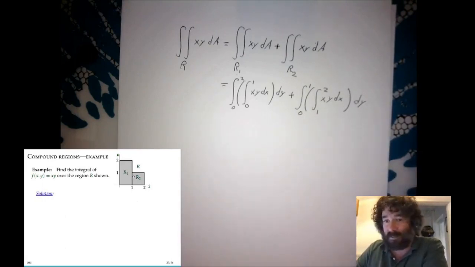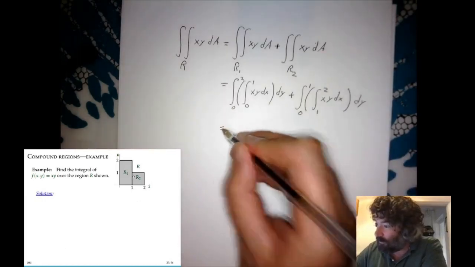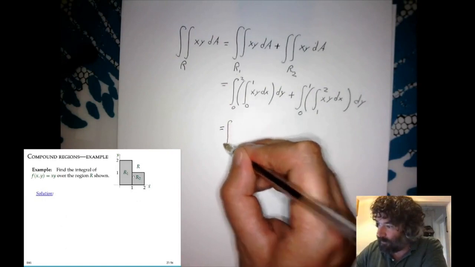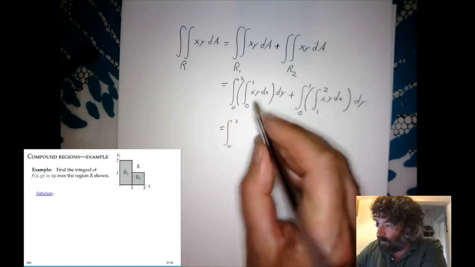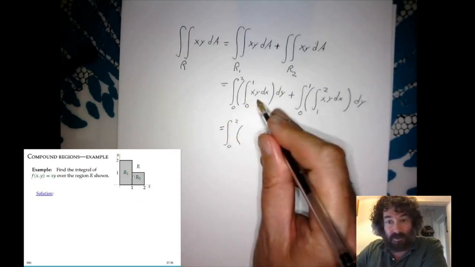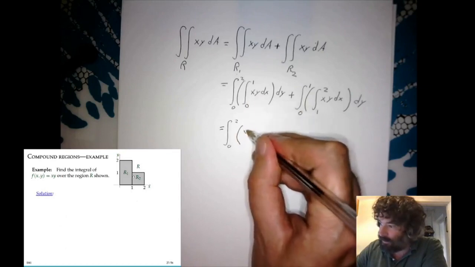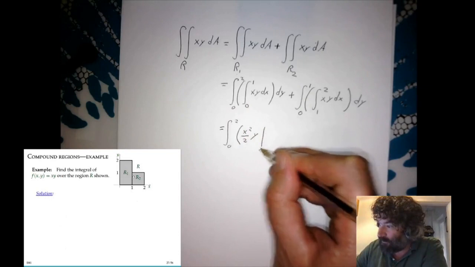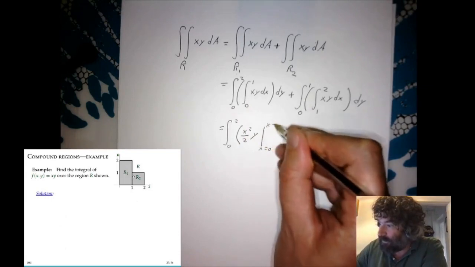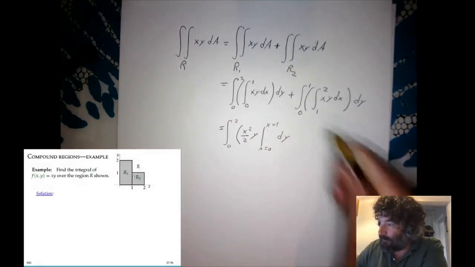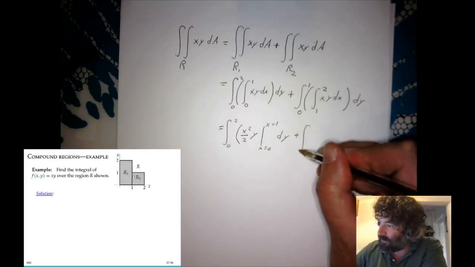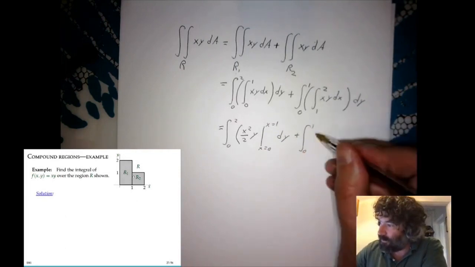So this first one, well, we still have the integral from 0 to 2. We need to find the indefinite integral with respect to x here, which is x squared over 2 times y. And this is evaluated from x equals 0 to x equal 1. And in the second iterated integral, we still have the integral from 0 to 1.